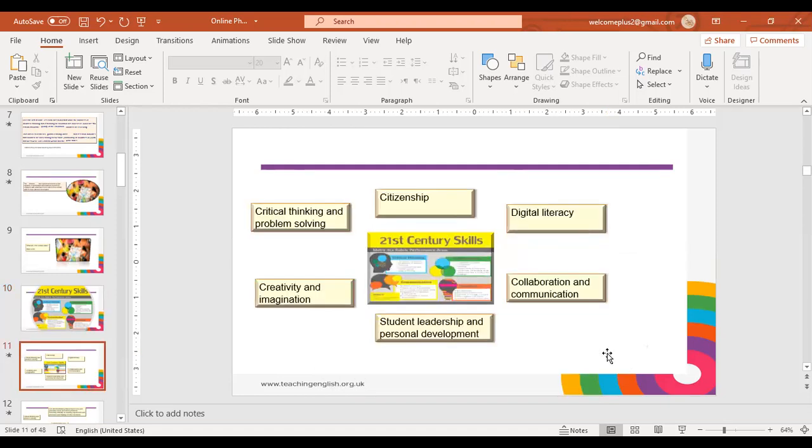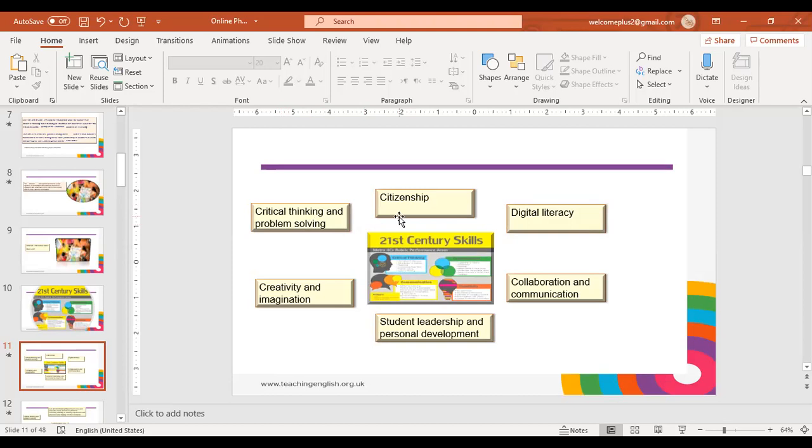When the UNESCO report elaborated the 21st century skills, they came to the conclusion that those skills are really the most important ones. The critical thinking and problem solving. I think the Discover book or curriculum is working on that on a very good level.